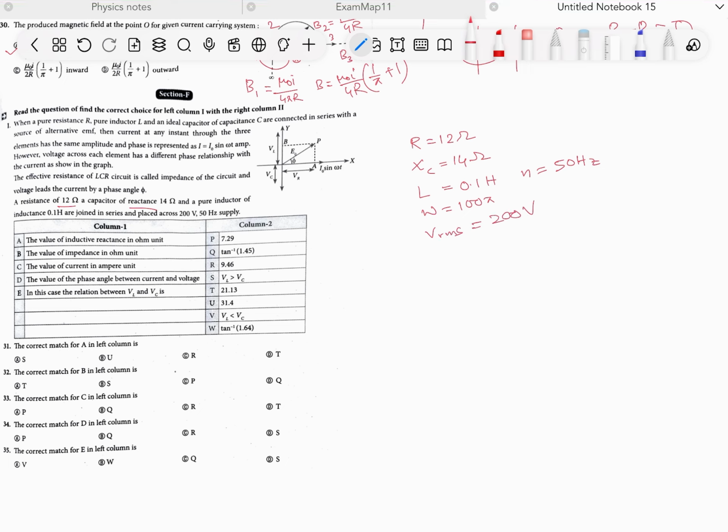So the first question is the value of the inductive reactance X_L. X_L equal to omega into L, means 100 pi into 0.1, means 10 pi, which is 31.4. So option A with U.